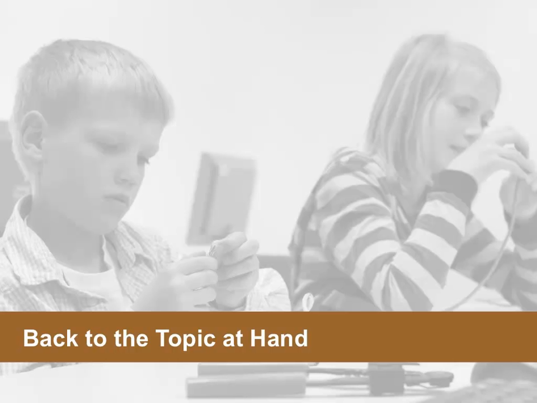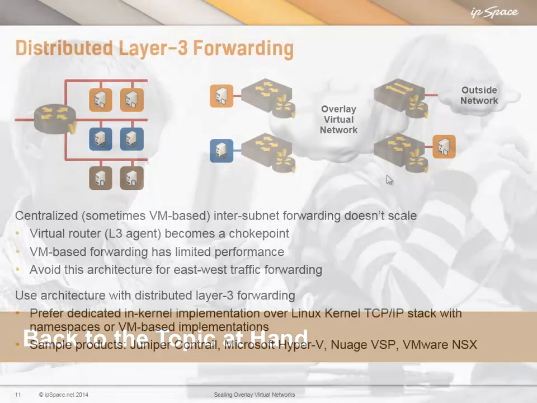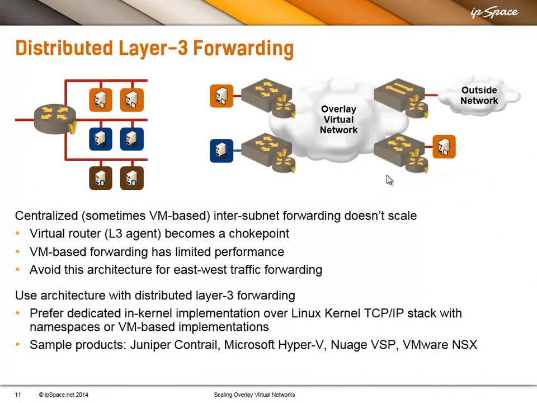If, on the other hand, you have multiple subnets in the application stack and you need some sort of routing between them, then you have to make sure that inter-subnet connectivity doesn't become a choke point.